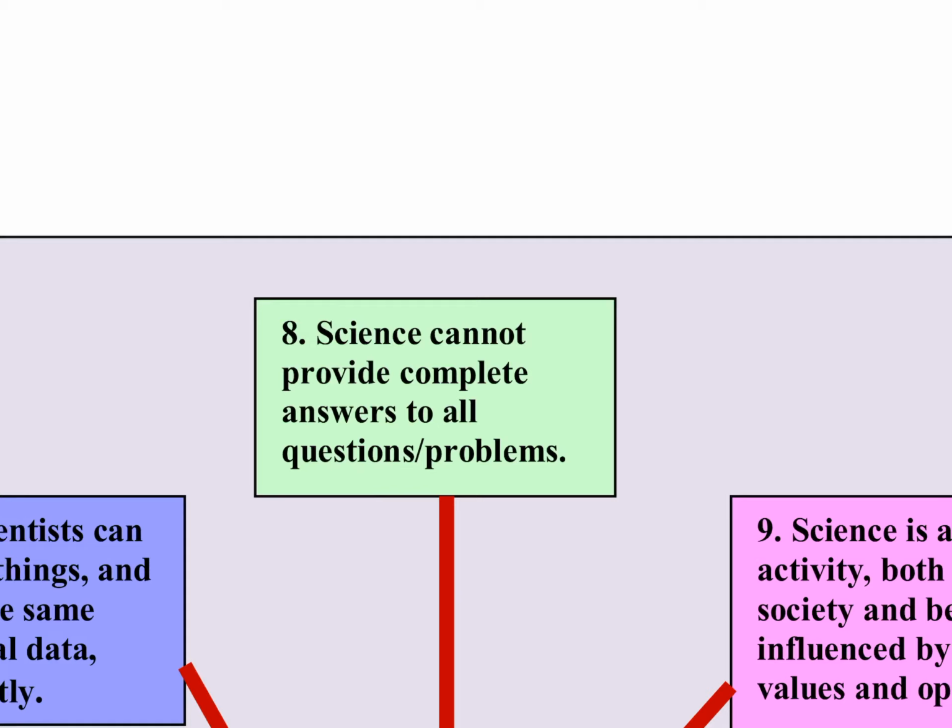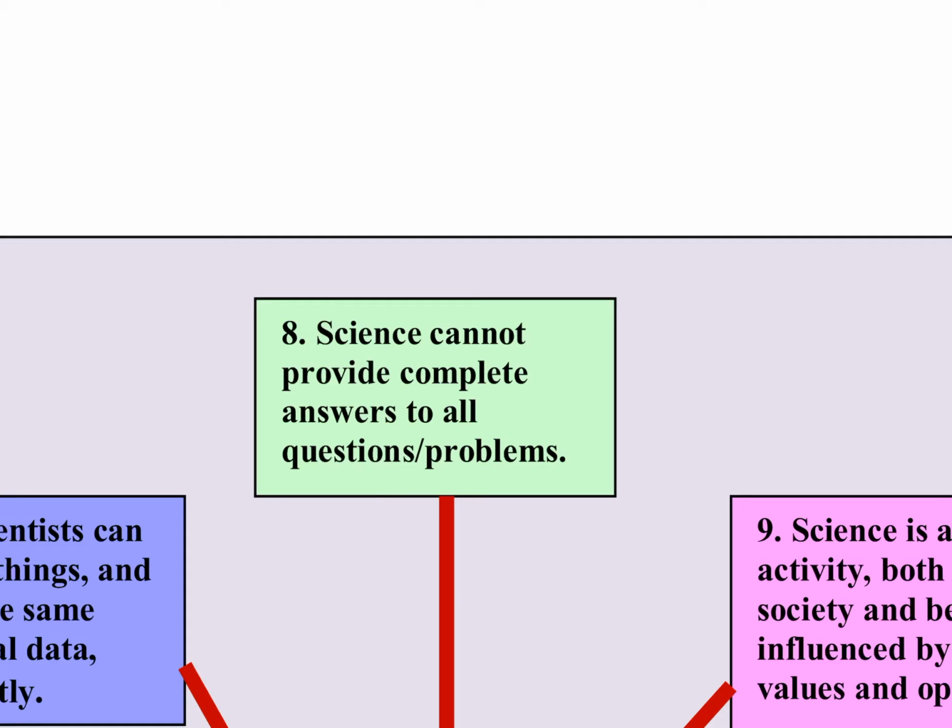For example, understanding how to clone a cat does not indicate whether cloning is an acceptable endeavor by humans. Understanding what makes eyes blue or green does not indicate what is more beautiful.